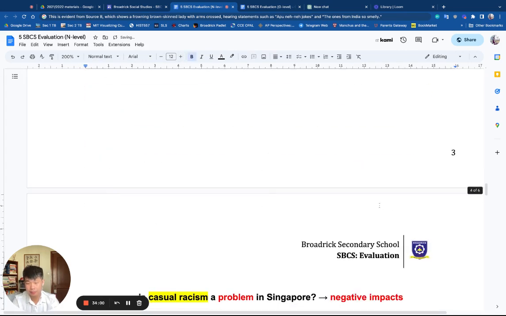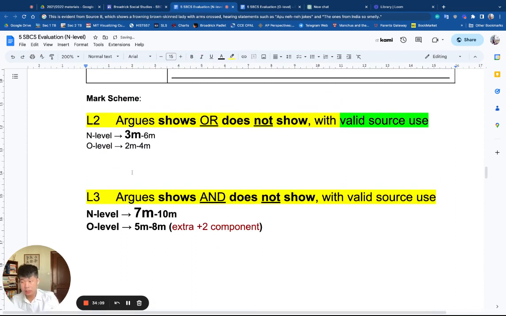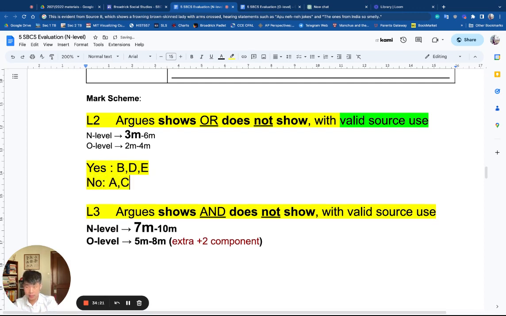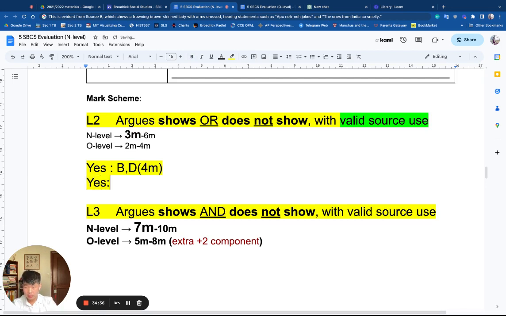Imagine in the categorization table, we said yes, casual racism is a problem was sources B, D, E. For N level, no was sources A and C. So if you were to write 2 sources, B and D, you would fall into a 4-mark answer. If you wrote yes, B, plus no, A, this would be a 7-mark answer.